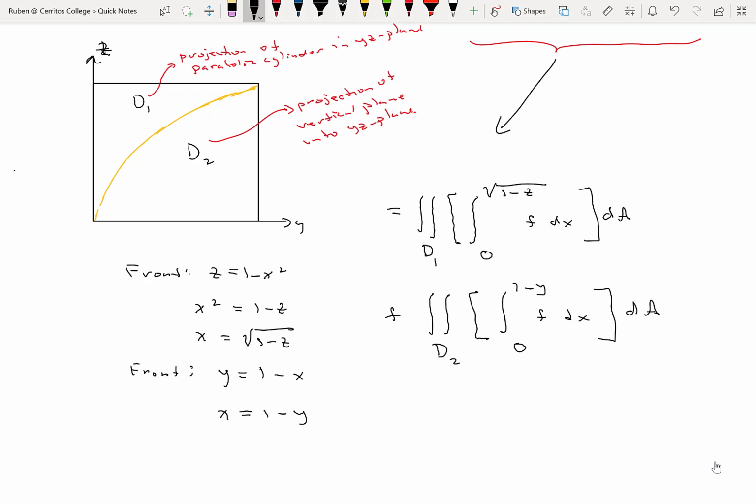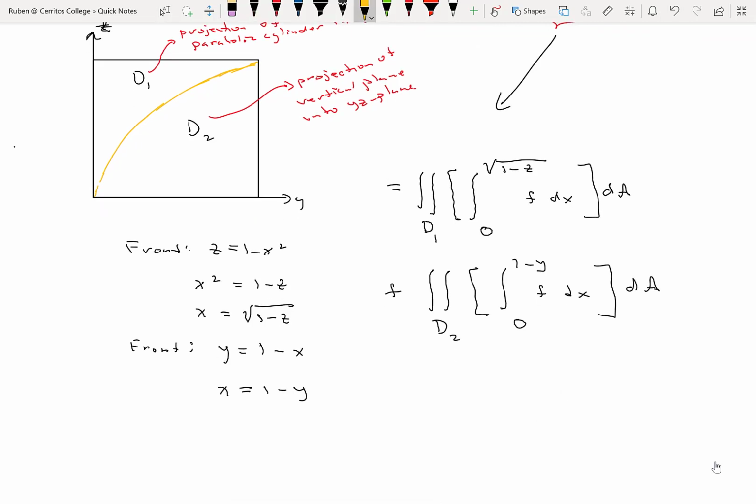So now, how do I know that the shape of the intersection of these two surfaces is that parabolic shape? Well, I'm going to explain that now. I need to find the intersection. I'm going to go back to yellow here just to emphasize what I'm doing. I'm finding the intersection of the two surfaces, z equals 1 minus x squared and y equals 1 minus x.